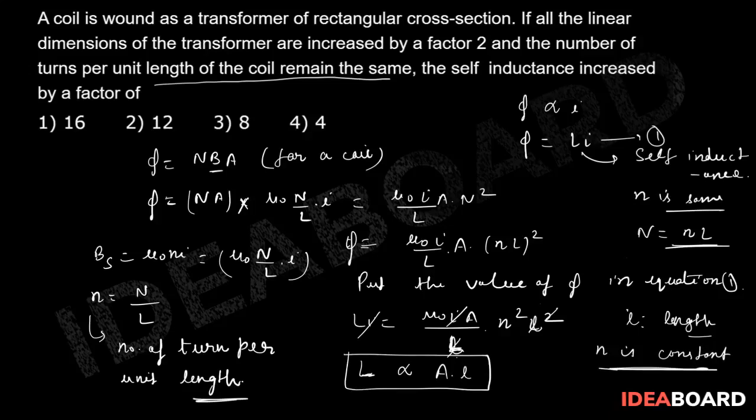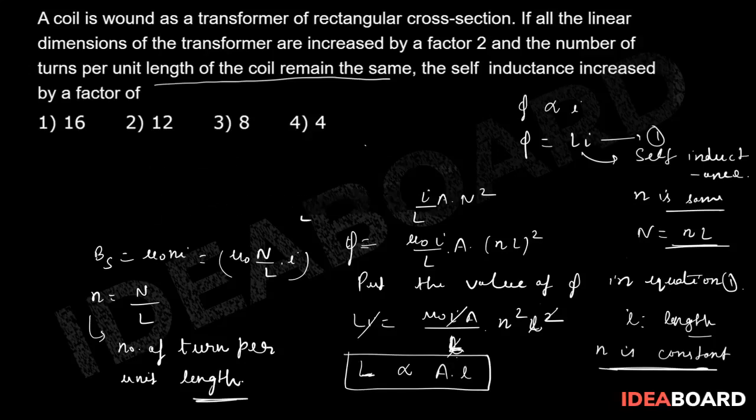Now what do we have here? So rectangular situation is here. So rectangular transformer is here. So coil is rectangular. That means, let's say, length and width. So that means area is initially b into l. Finally they are talking about it will be doubled.